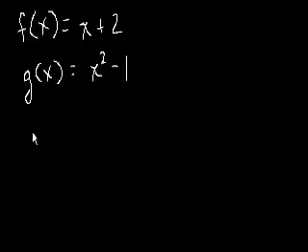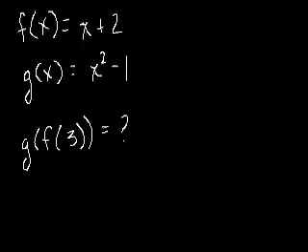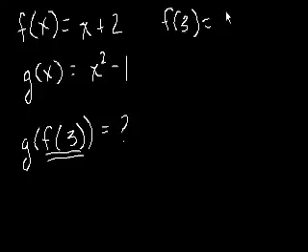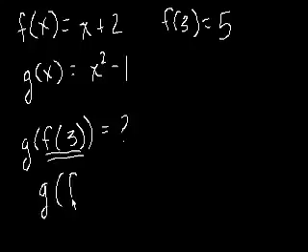If I were to ask you what g of f of 3 is, well, the first thing we want to do is evaluate what f of 3 is, right? So the 3 would replace the x. So f of 3 is equal to 3 plus 2, which equals 5, right? So g of f of 3 is the same thing as g of 5, right? Because f of 3 is equal to 5.